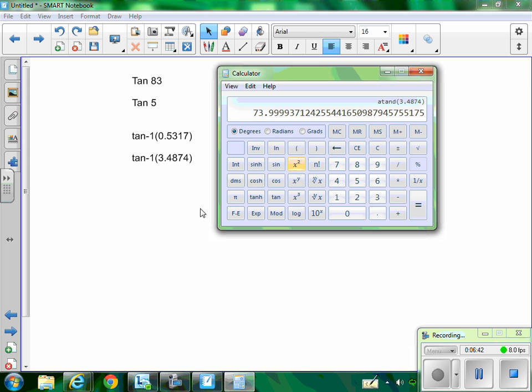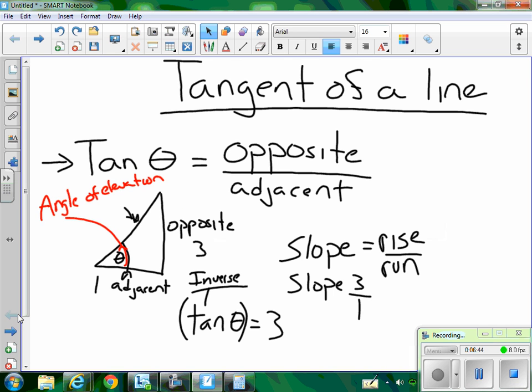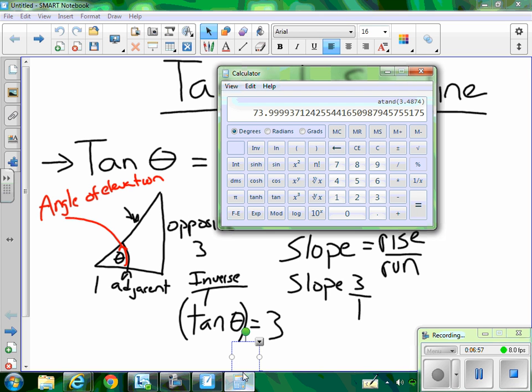Okay, now let's go back to our original example and let's calculate what this angle of elevation is. So if I had a 3 to 1 slope, to do that, remember that I have to do the inverse. So let's pull up the calculator and let's figure out what that angle of elevation is.